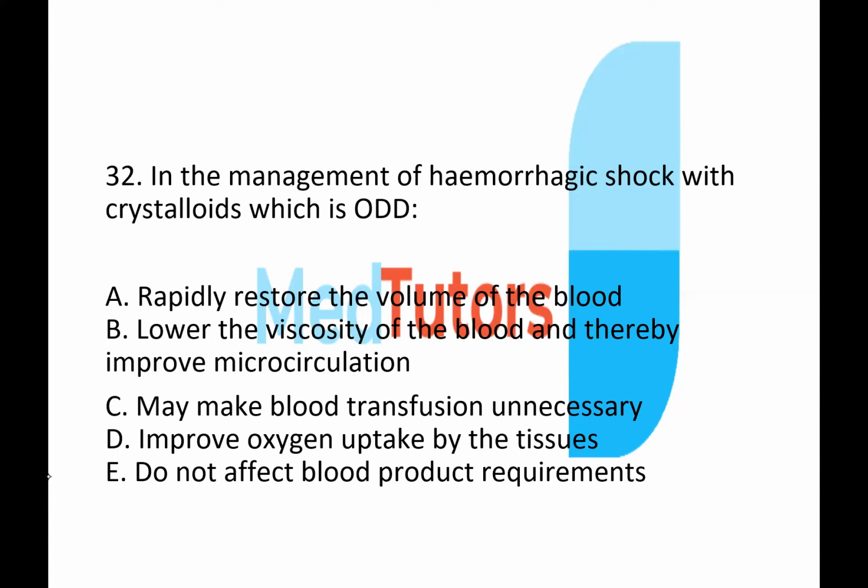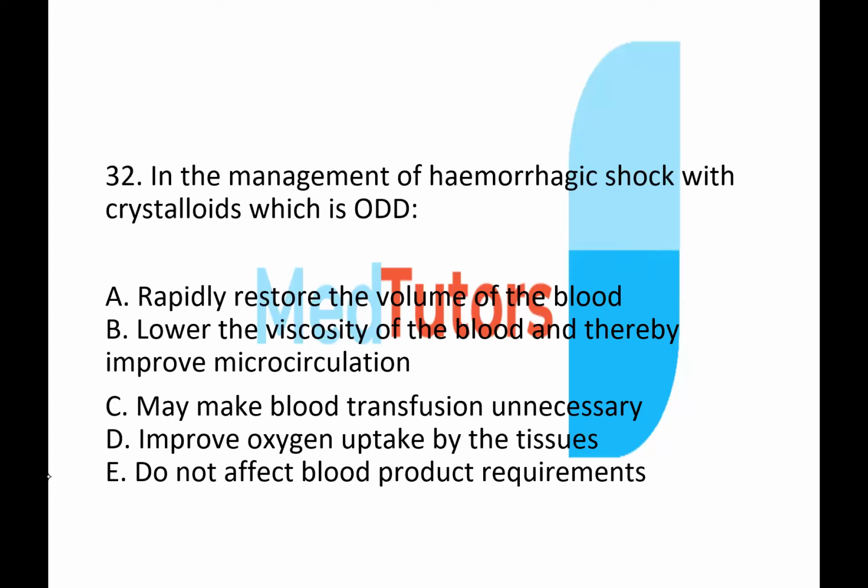C, may make blood transfusion unnecessary. That is correct. So A, B, C. And B gives you the reason why you don't use blood first. Do you understand? Because you want the oxygen to get to cellular level.